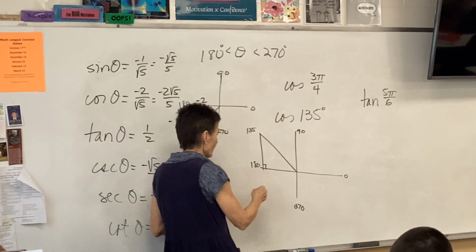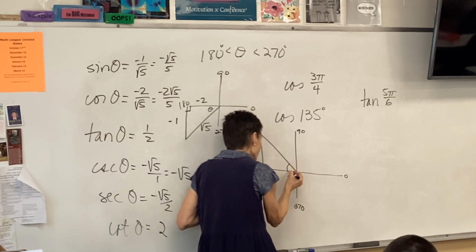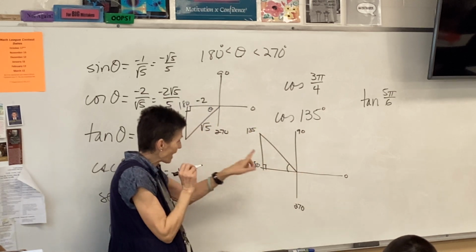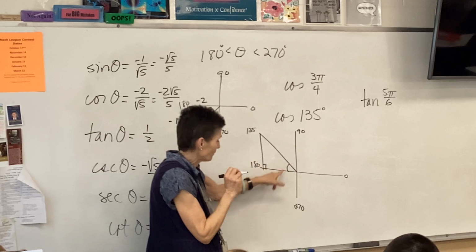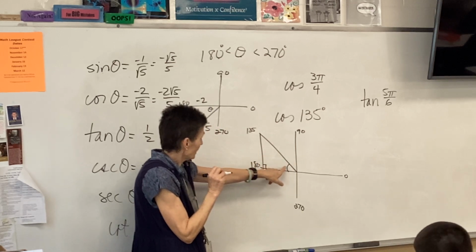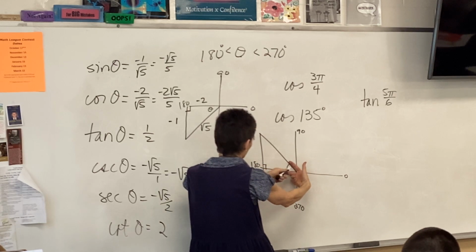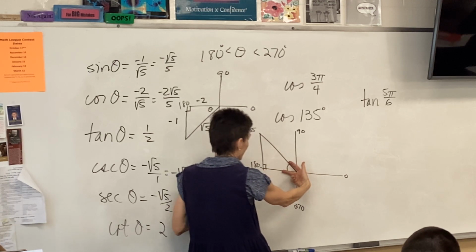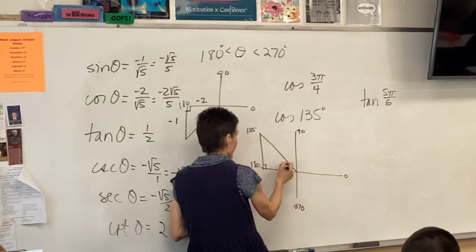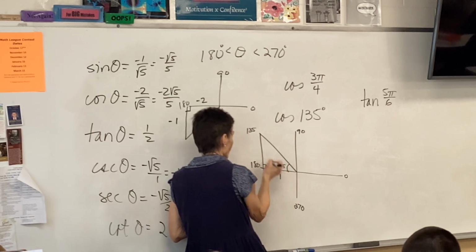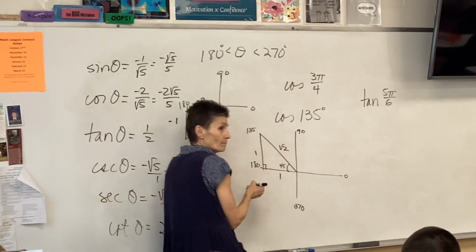And then you got to figure out this very important angle, because that's the angle that's going to help you figure out what your sides are. How big is the angle that's formed by the 135 and the 180? 45. So the sides are 1, 1, root 2.